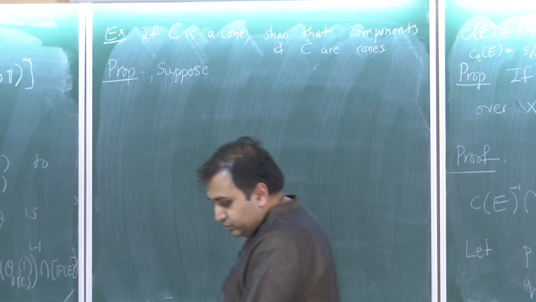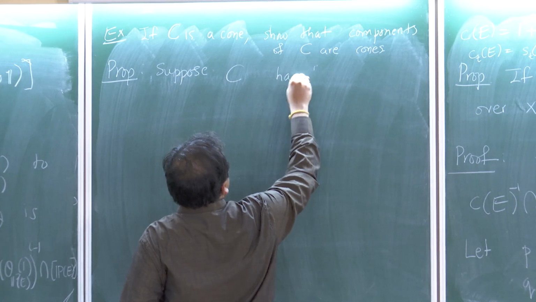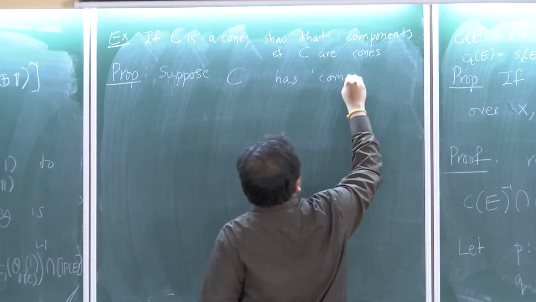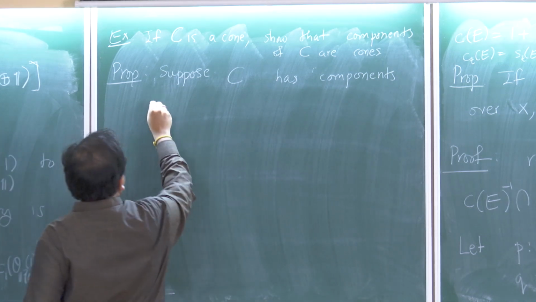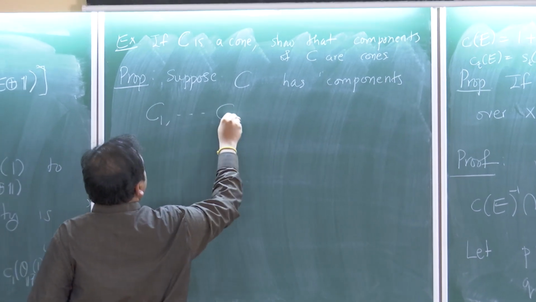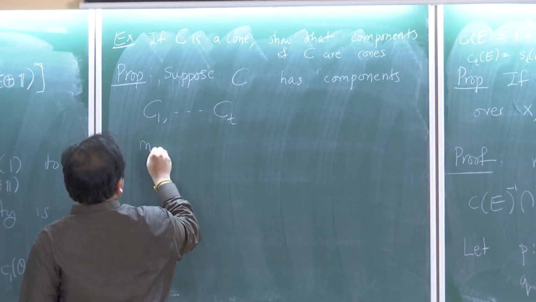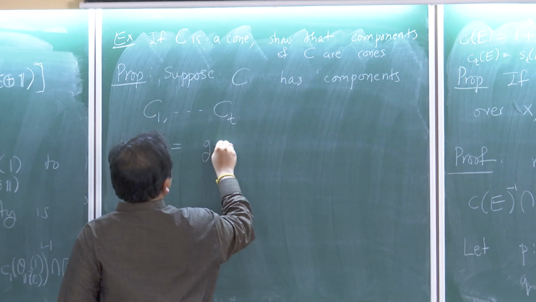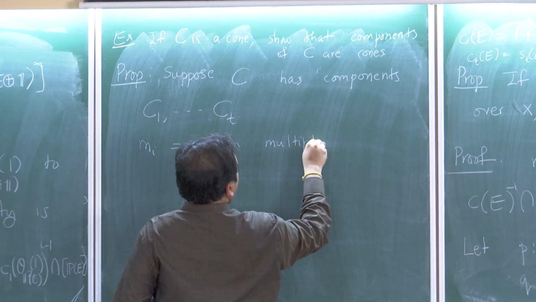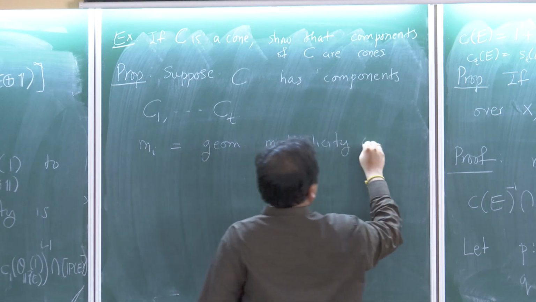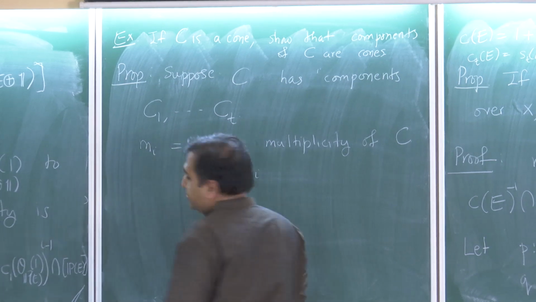Now suppose C has components C1 up to Ct, and let Mi be the geometric multiplicity of C at Ci.